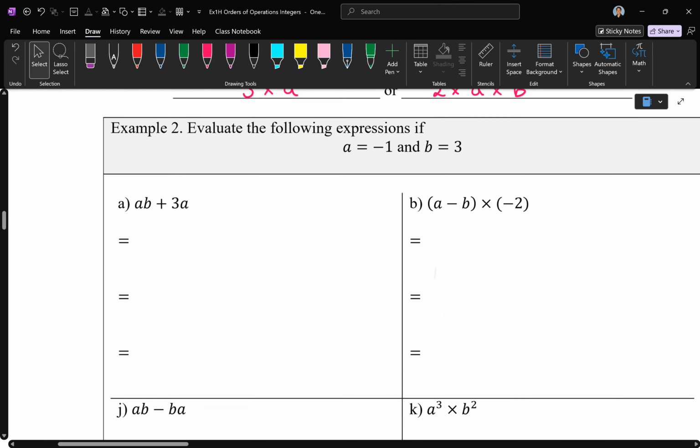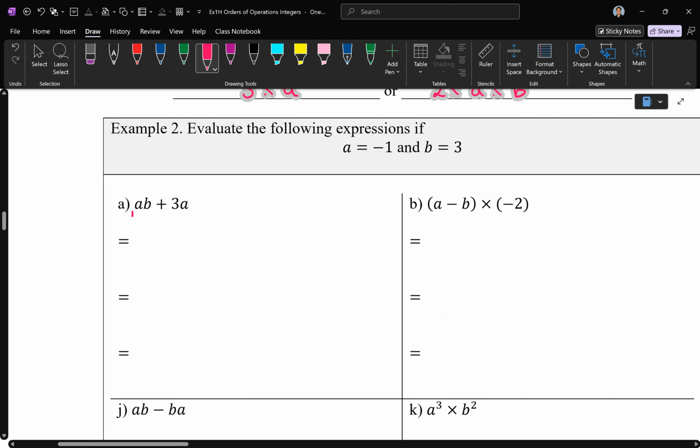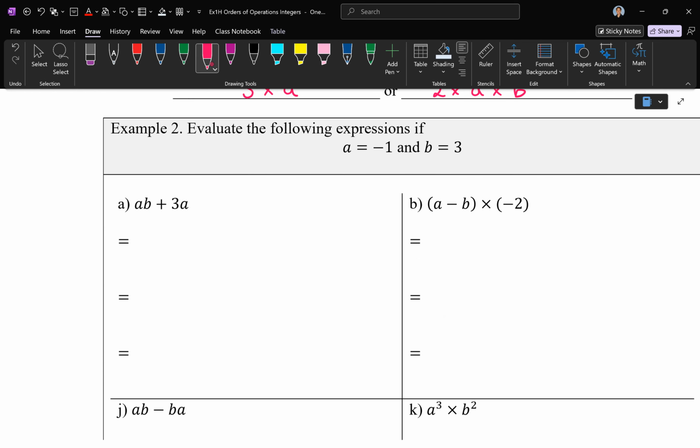So an example down here is that if you had AB plus 3A, remember what this means is A next to a letter, so A next to B means A times B, plus, and then 3 next to an A means 3 times A. Now in this example, it tells you A is negative 1.